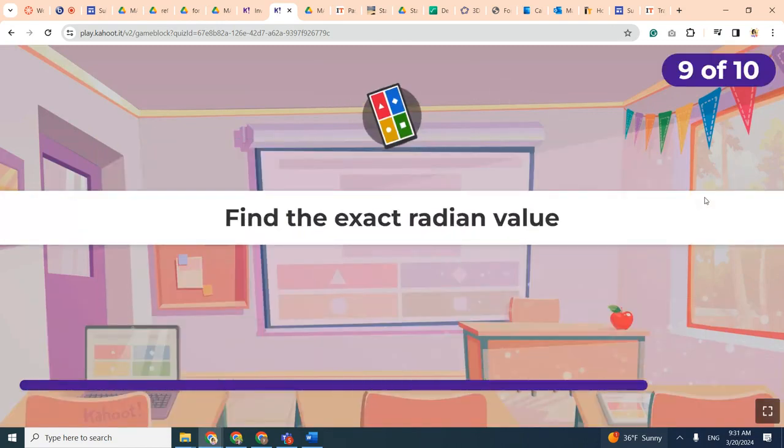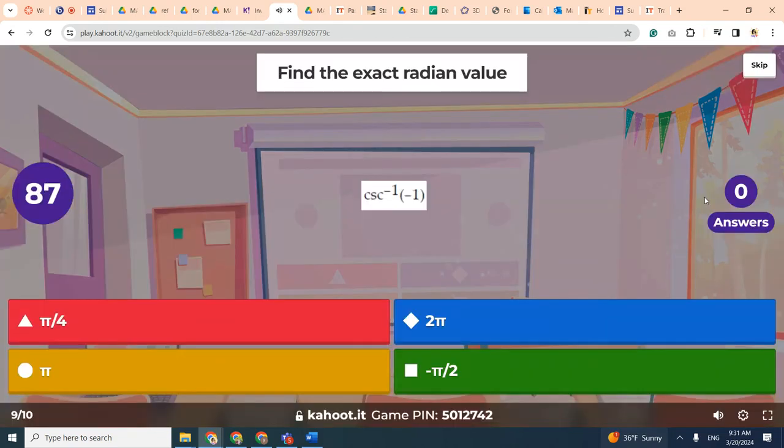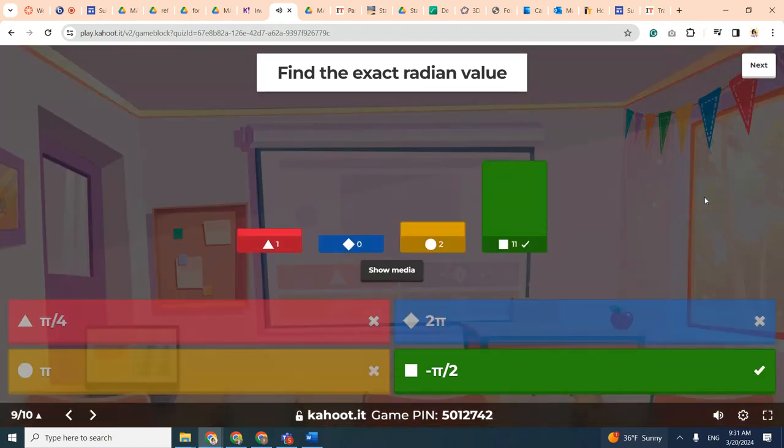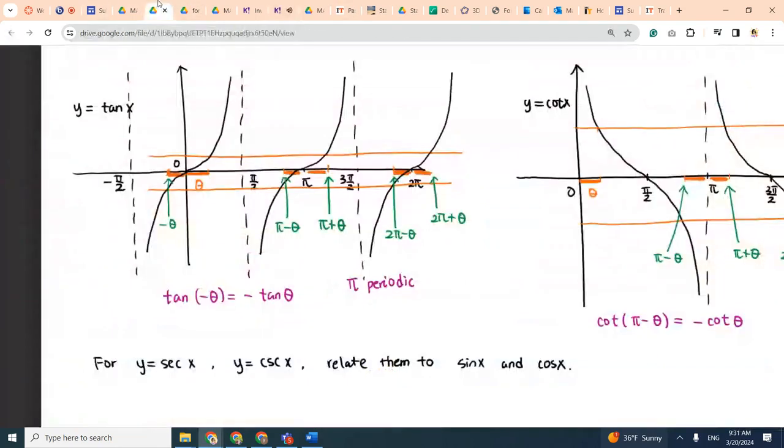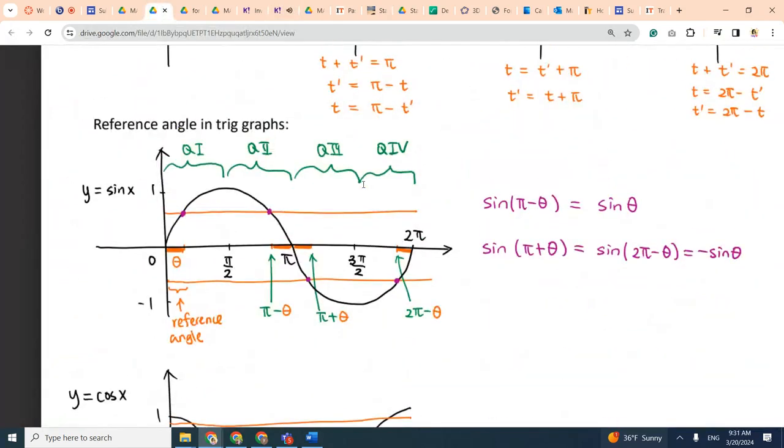Let's find the exact radian value at cosecant -1. So, cosecant, the reciprocal is sine, and the reciprocal of -1 is still -1, right?